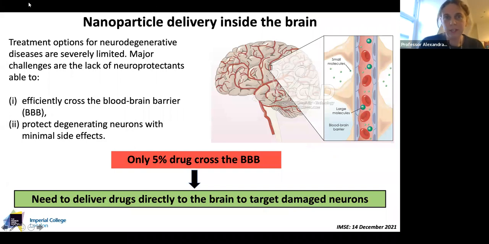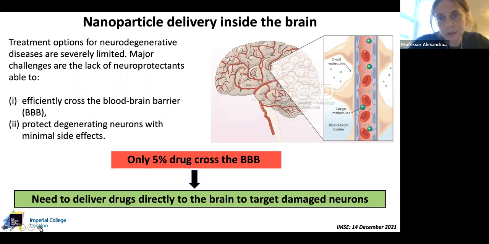Why are we interested in developing new nanoparticles for delivery inside the brain? When I started this work, we were interested in neurodegenerative diseases, and the options for treatment of these diseases are very limited. One of the major issues is that there is a lack of neuroprotectants available. If we look at the structure of the brain on the right, it has this network of brain endothelial cells around the brain.